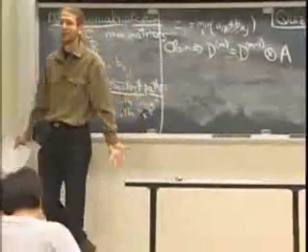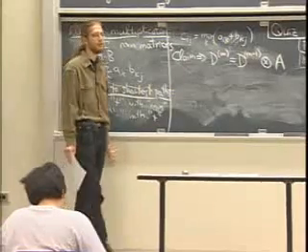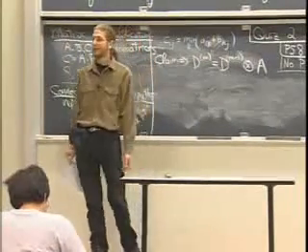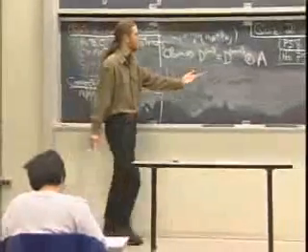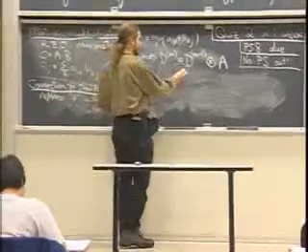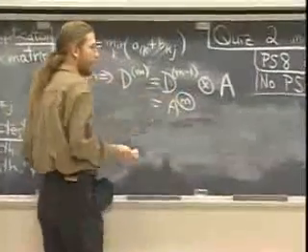Is that some other algebraic notion that we know? Yeah, it's the exponent. We're taking A, and we want to raise it to the power m with this funny notion of product. So in other words, D to the m is really just A to the m in a funny way. So I'll circle it.